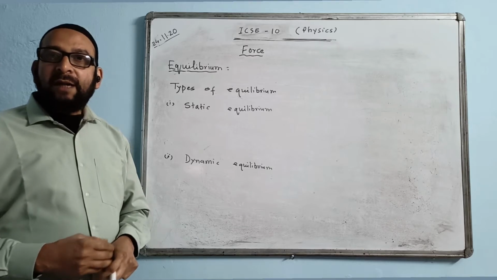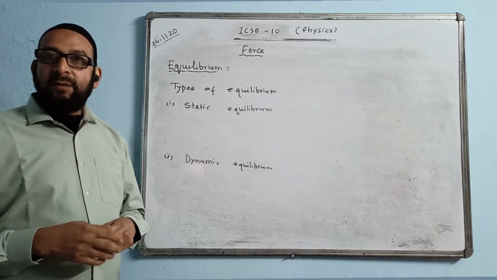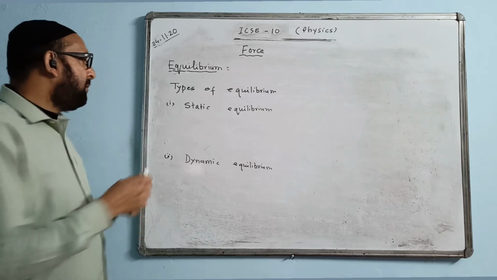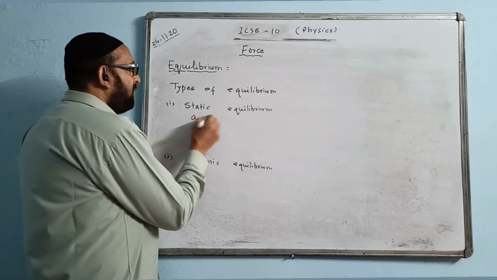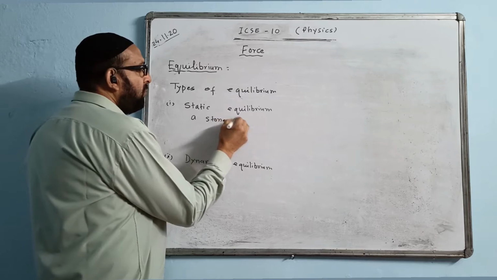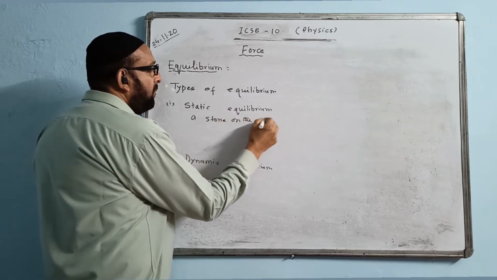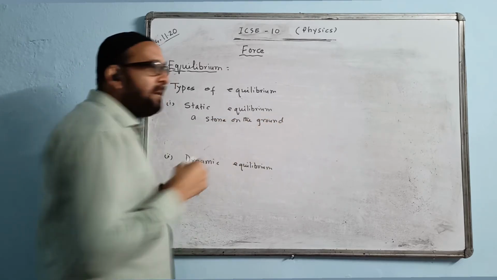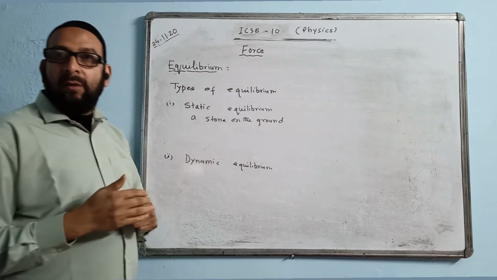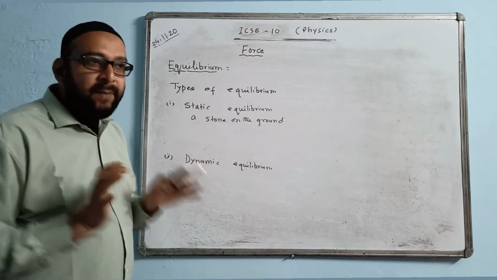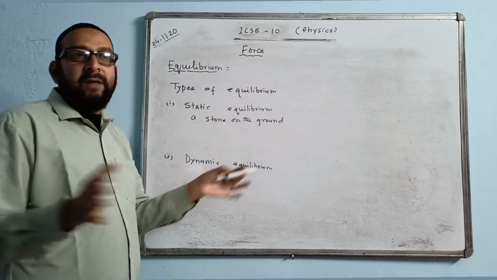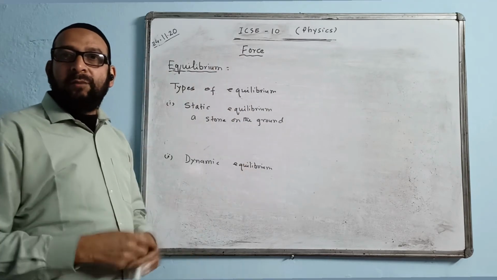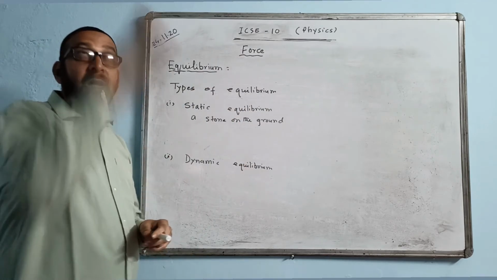What are the examples of static equilibrium in our daily lives? A stone on the ground remains at rest, though sometimes wind blows, sometimes we apply force on it also, yet the big piece of stone doesn't move, and remains still at rest.